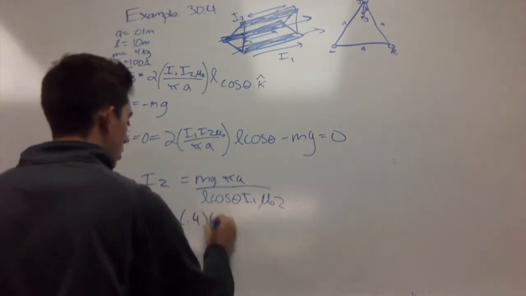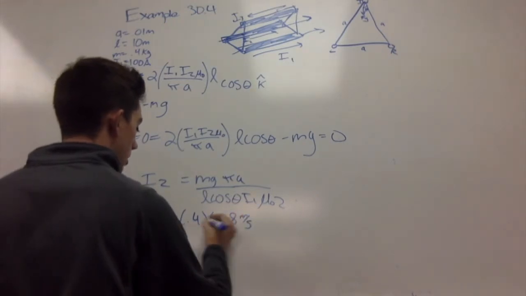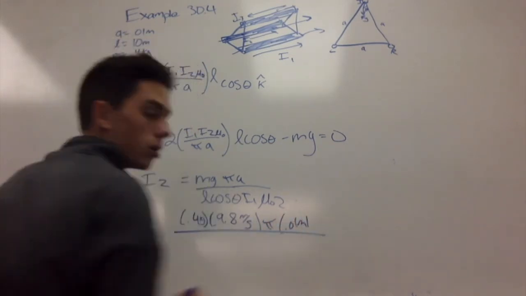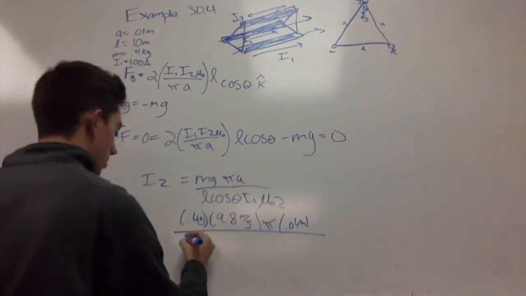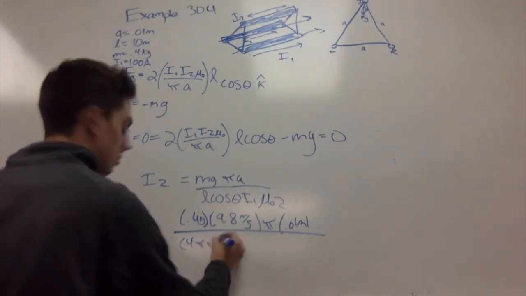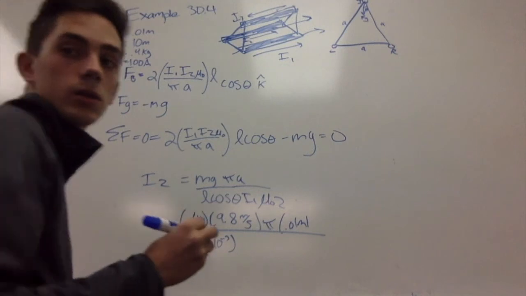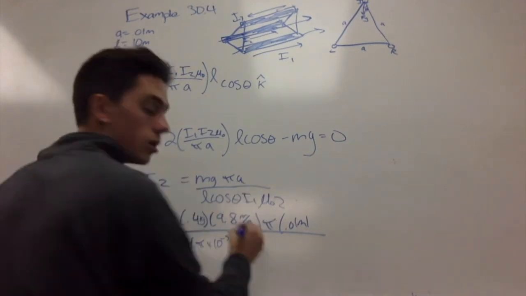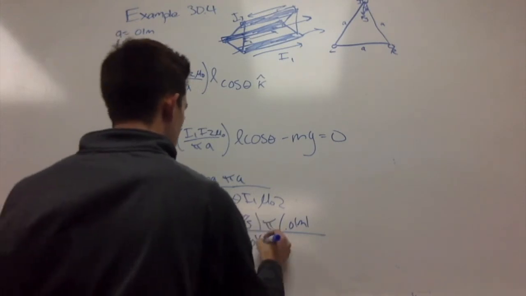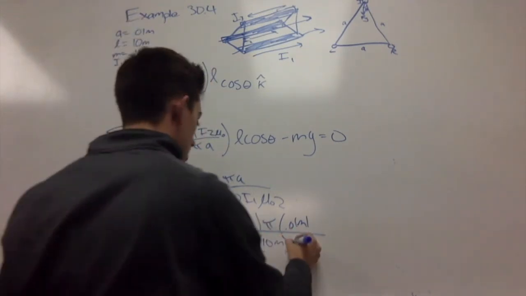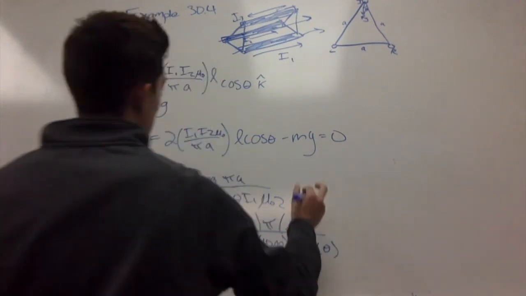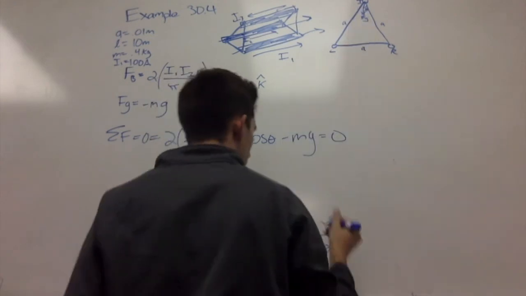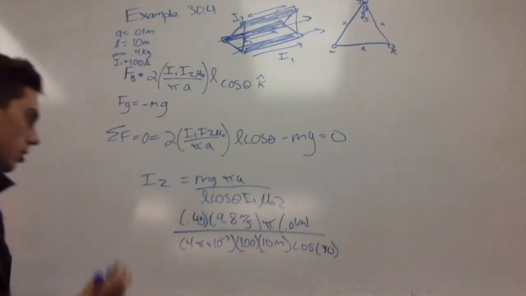Mass 0.4, gravity is 9.8 meters per second squared, times kilograms, times pi times A, which is 0.01 meters, over, we'll start with the permeability of free space constant, 4 pi times 10 to the minus 7, times the current 1, which is 100 amps, times the length, which is 10 meters, times cosine theta, which, because this is an equilateral triangle, theta would be half of 60, so it would be cosine 30 right here.